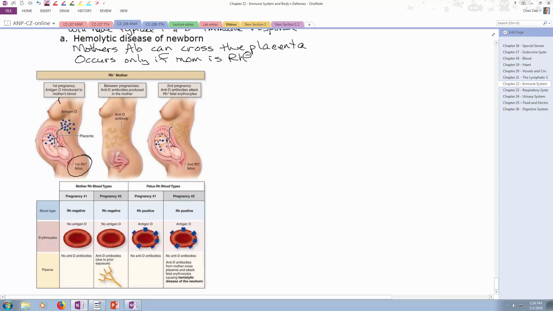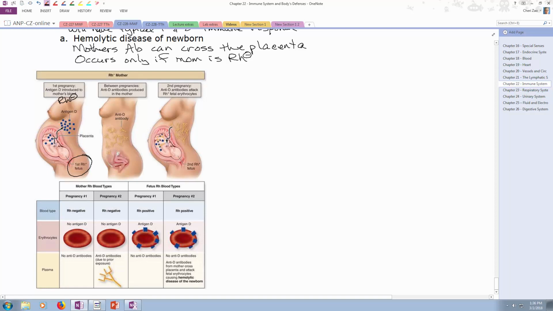So mom here is Rh negative. And the time when we actually can accidentally get fetal blood cells to cross the placental barrier, because the fetus is an intact individual and their blood does not mingle with mother's blood.